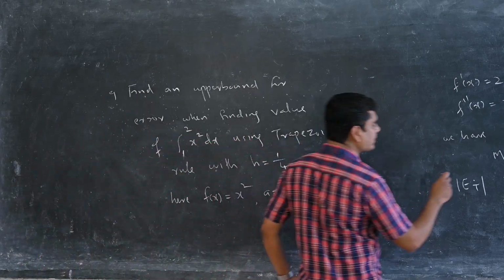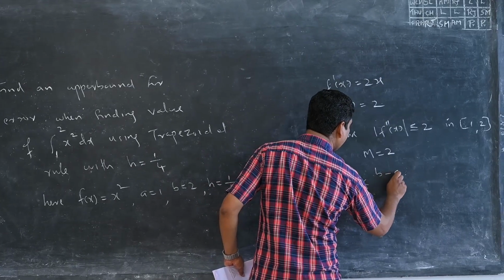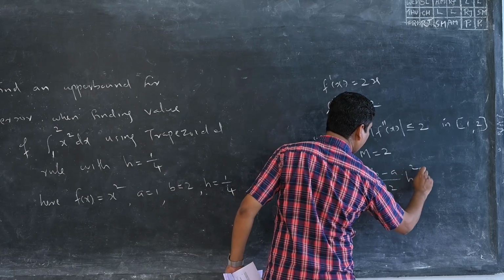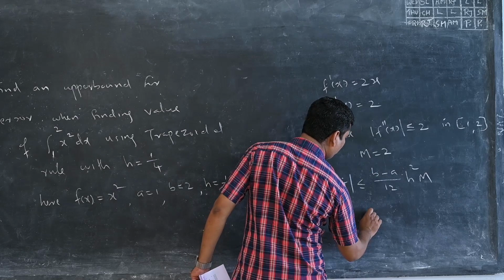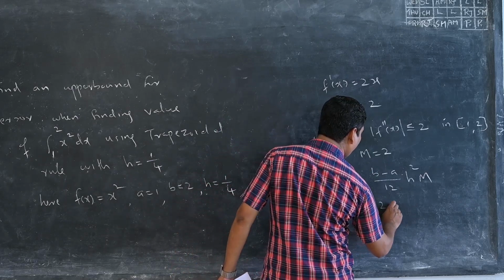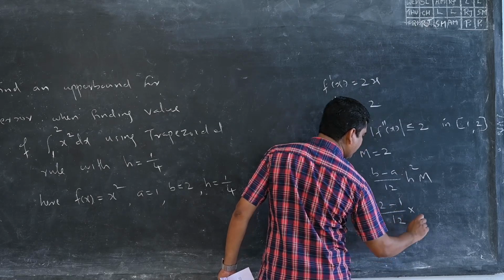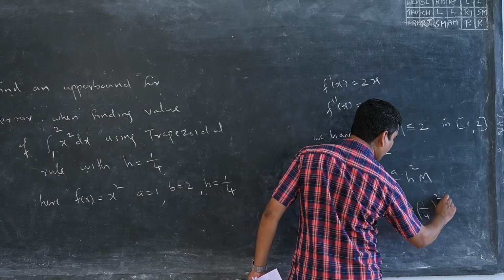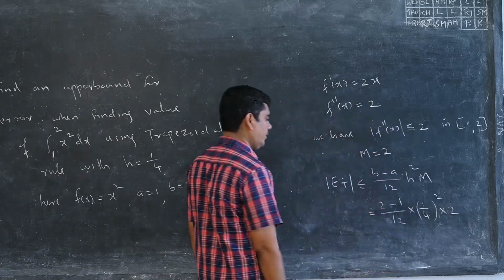So mod Et is less than or equal to b minus a divided by 12 into h square M. So this is equal to, now b is equal to 2, so 2 minus a is equal to 1, divided by 12. h is equal to 1 by 4, so 1 by 4 square into M is equal to 2.